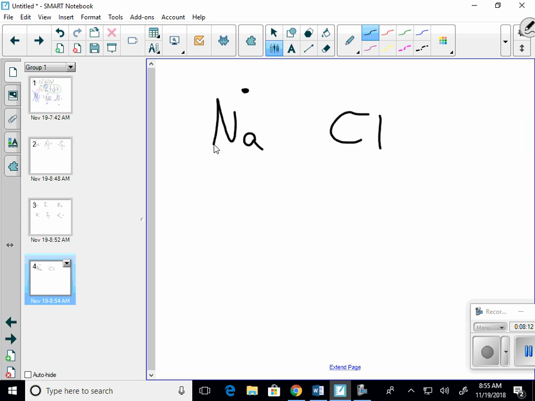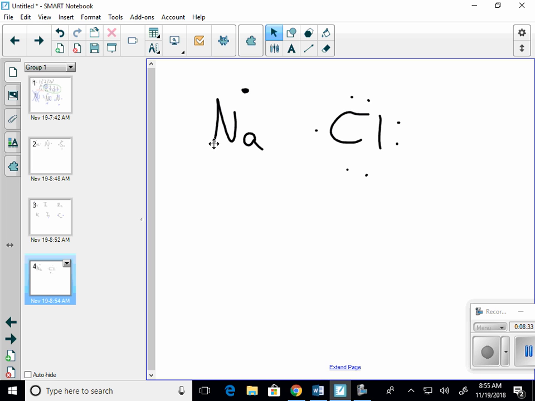How many outer electrons should be around chlorine, Paige? The nonmetal on the right-hand side of the periodic table. 7. 1, 2, 3, 4, 5, 6, 7. So know what you're starting with is basically what I'm saying for step number 1.